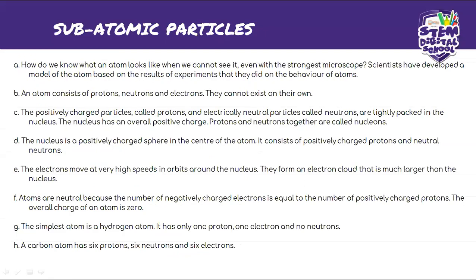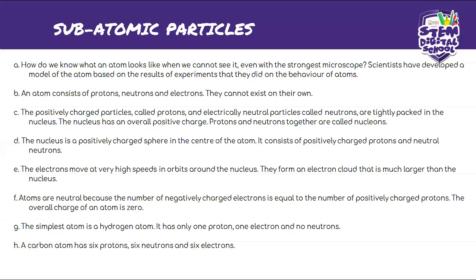Okay, the next slide. Now, we're basically going to explain what is happening here. How do we know what an atom looks like when we cannot see it? Even with the strongest microscope, scientists have developed a model of the atom based on the results of experiments that they did on the behavior of atoms.